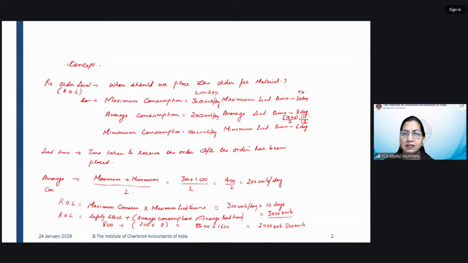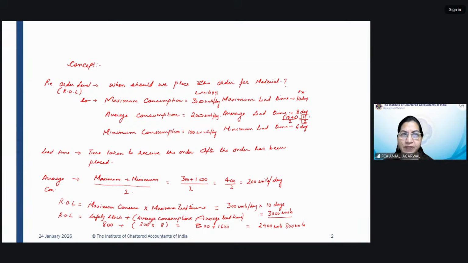What it says is, I'm assuming that average consumption would be 200 units every day. And in 8 days, normally I'll receive my order. So 200 into 8, 1600 is what I should have in stock. And just in case there is any emergency, I still have 800 units. Or if there is excessive demand in that period, if there is more requirement, I can fall back on the safety stock which I have, which is 800 units, right?